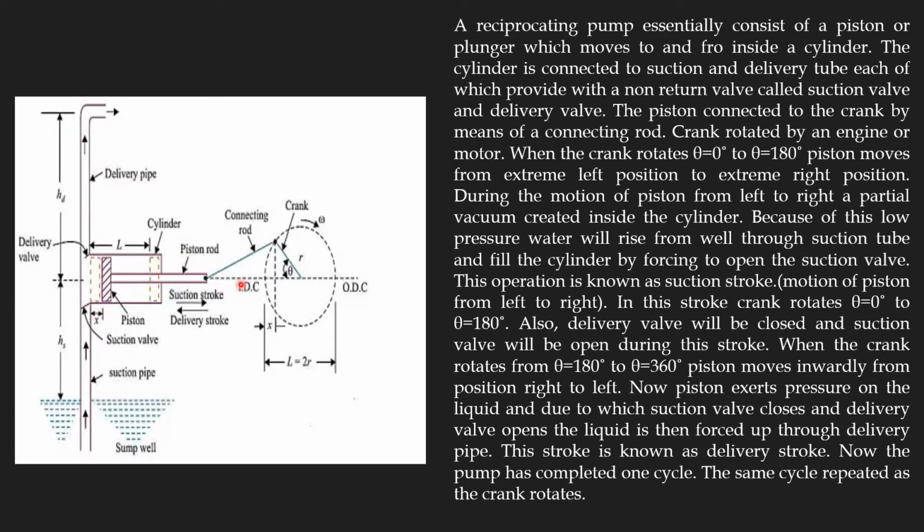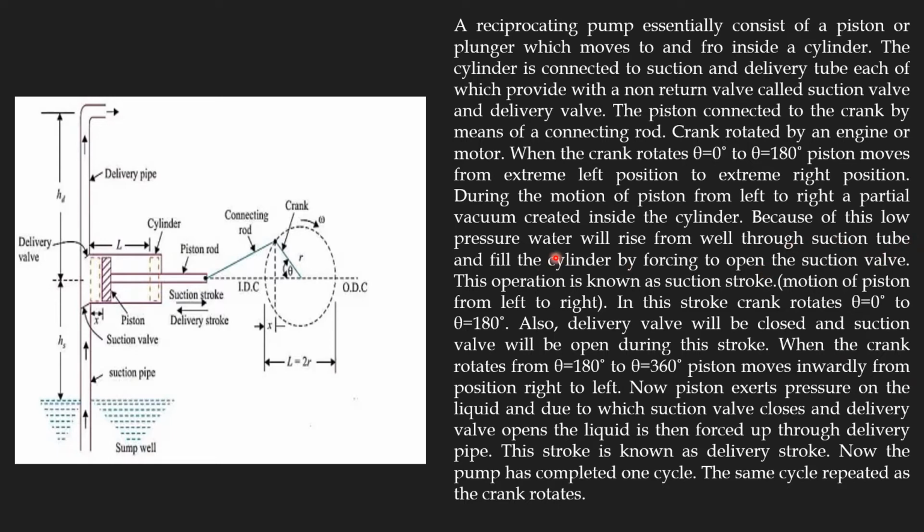So when it moves towards the right side, vacuum is created and water is sucked in through the suction non-return valve. During the return motion it will get compressed or pressurized and go through the non-return discharge valve to the outer delivery pipe.